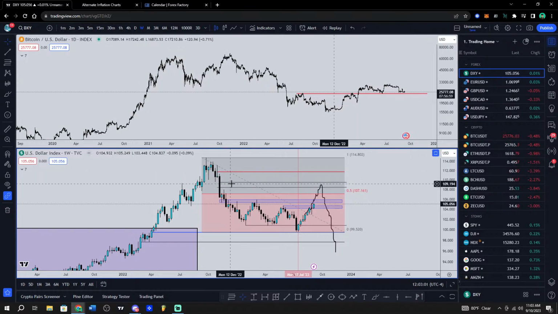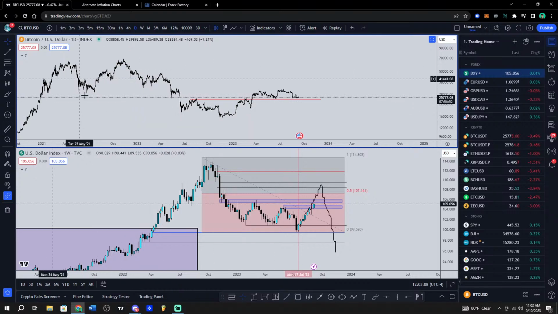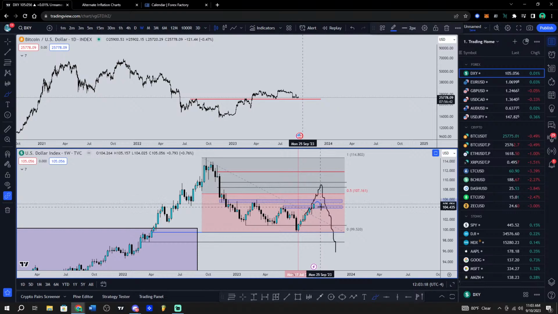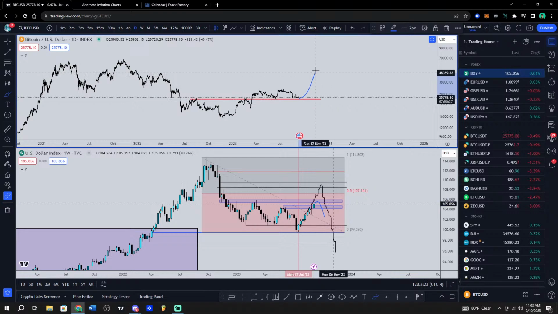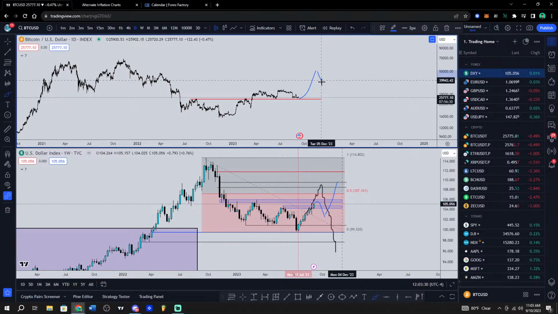There's a fair value gap right here on the daily, and it would just keep going, and then that would plunge, and when that plunges, crypto goes up. However, coming up to here, I could see a pullback, and that pullback is when Bitcoin makes a retracement, and then the dollar goes ham, and then Bitcoin crashes. To hell.